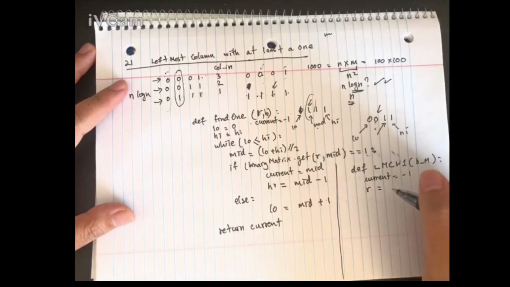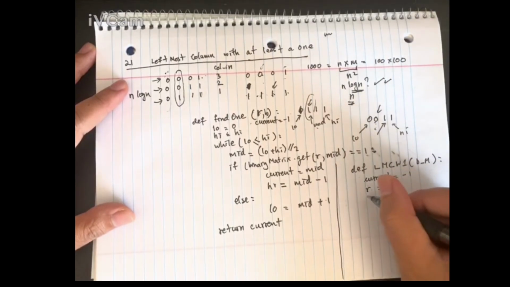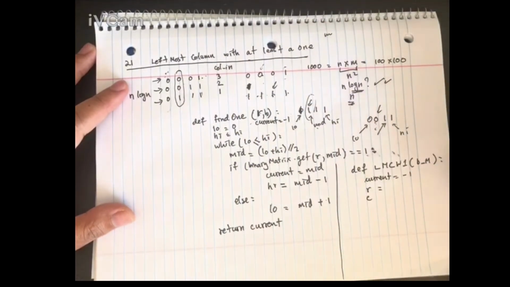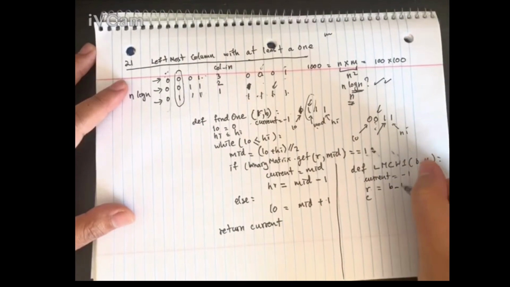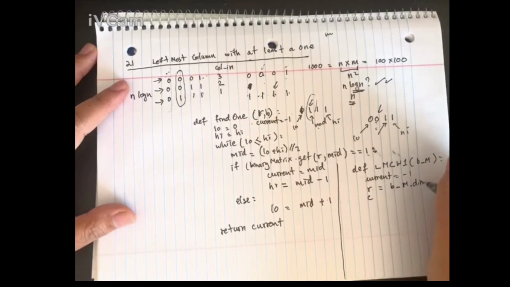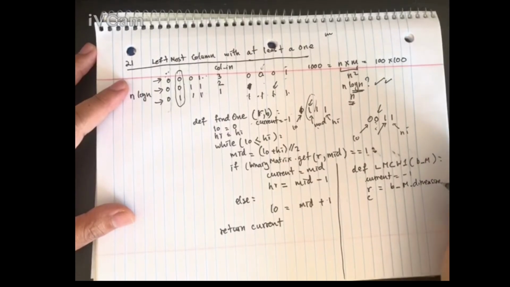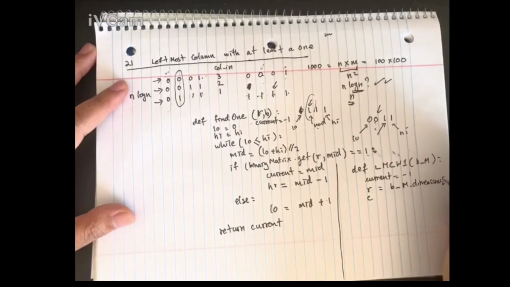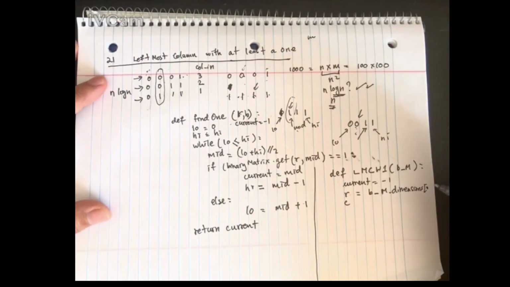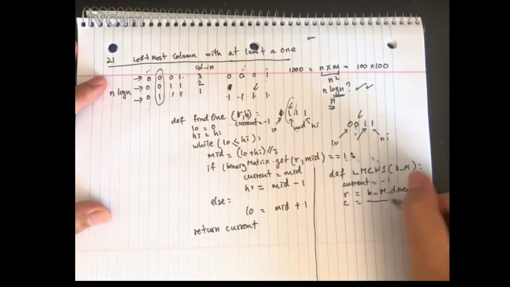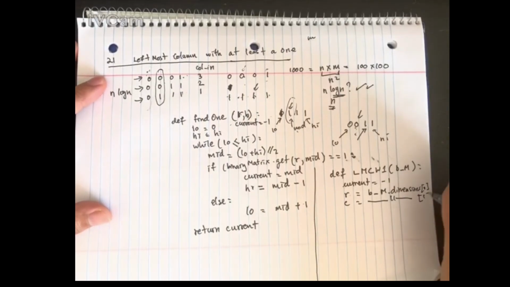Row is basically, there's a function that allows us to find that. It's called dimension. So we just call the binary matrix, then dimension. For row, we want to take the 0 index, and for columns it's the same, except that we want the 1 index.